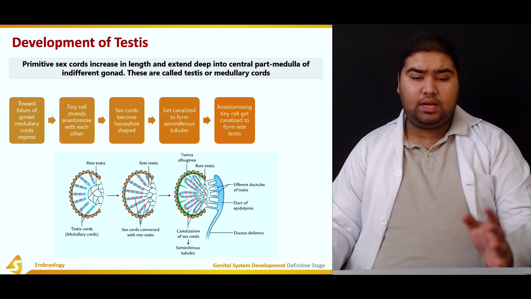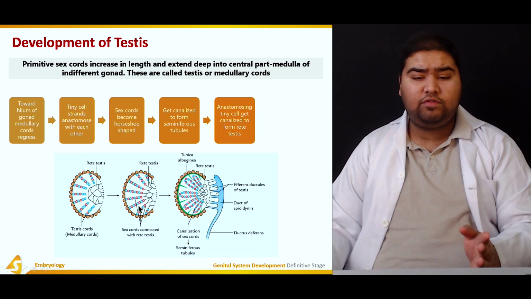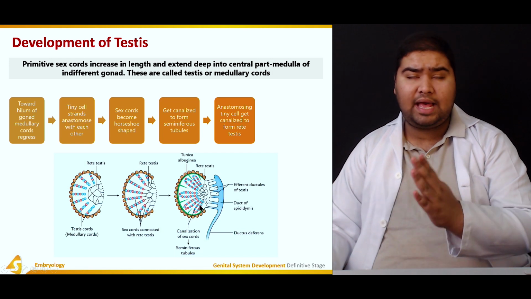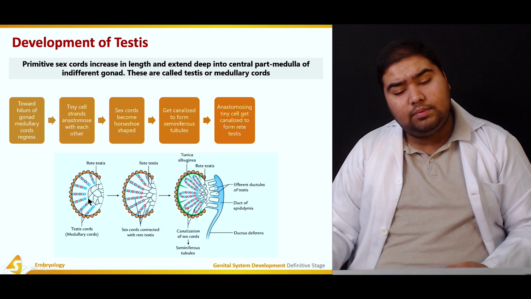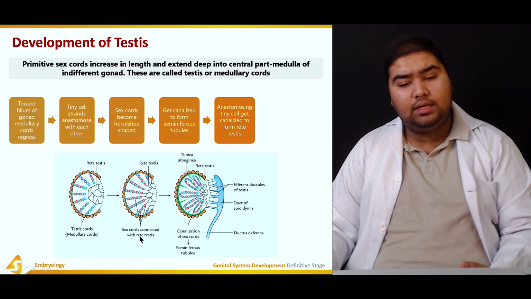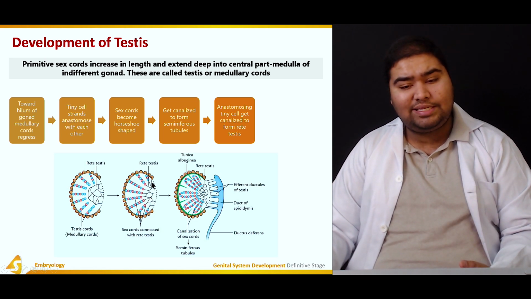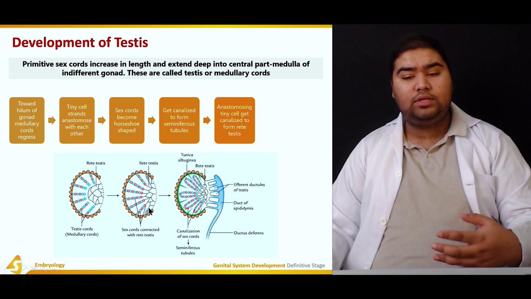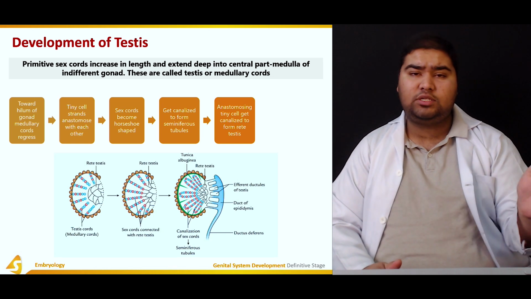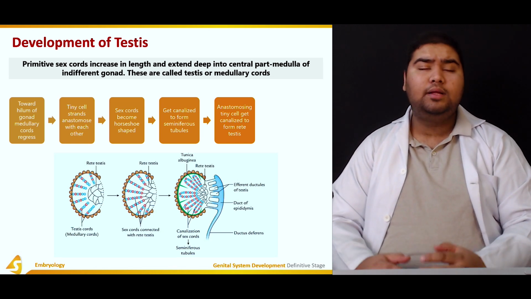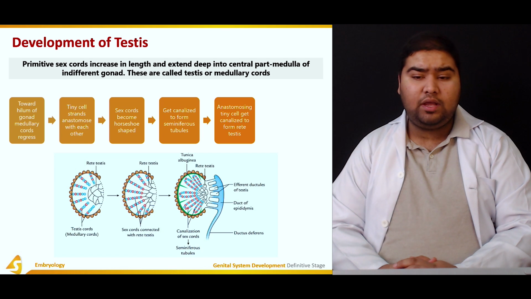So in between the formation of the horseshoe and the canalization, the sex cords attain communication with the rete testes, and this is how a communication is formed from the proximal end to the distal end of the developing gonad.